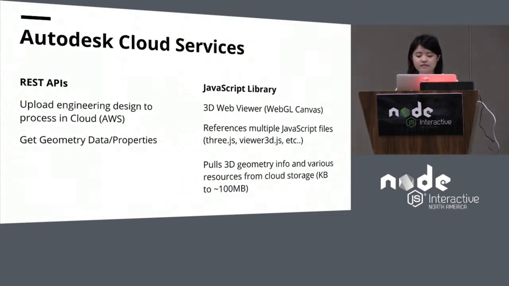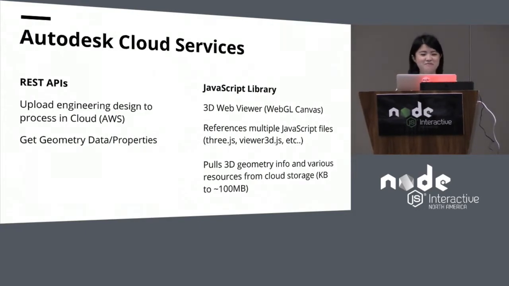We have a JavaScript library to view these large files, which you reference and it instantiates a WebGL canvas, and you need to reference multiple JavaScript files like Three.js or our own JavaScript file. You pull a lot of 3D geometry from our servers, and it could be upwards from kilobytes to 100 megabytes, depending on how big your file is.